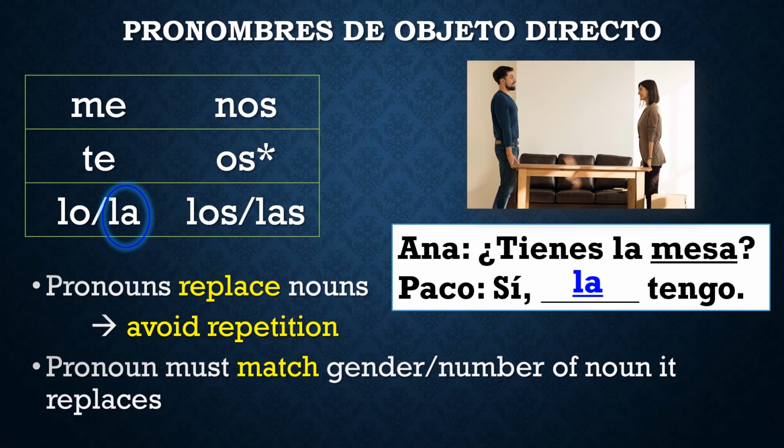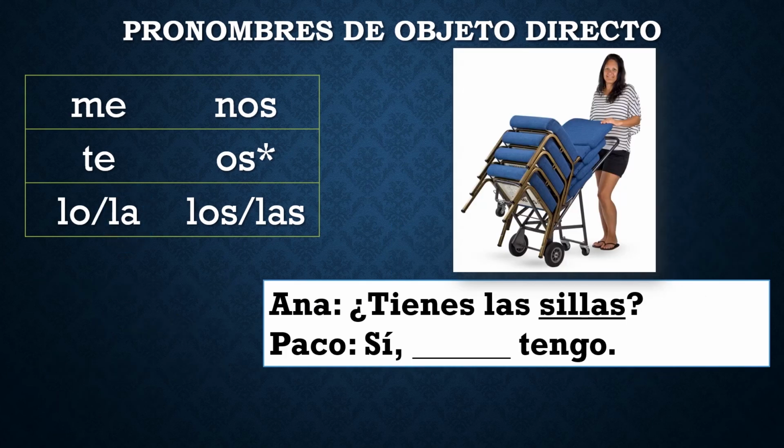And we use la because it matches with la mesa. So la is what we use for replacing any direct object noun that's singular feminine. And also, you might notice, where do we put the direct object pronoun? We put it before the verb. Sí, la tengo. Interesante. Vamos a ver más ejemplos. We're going to see more examples.